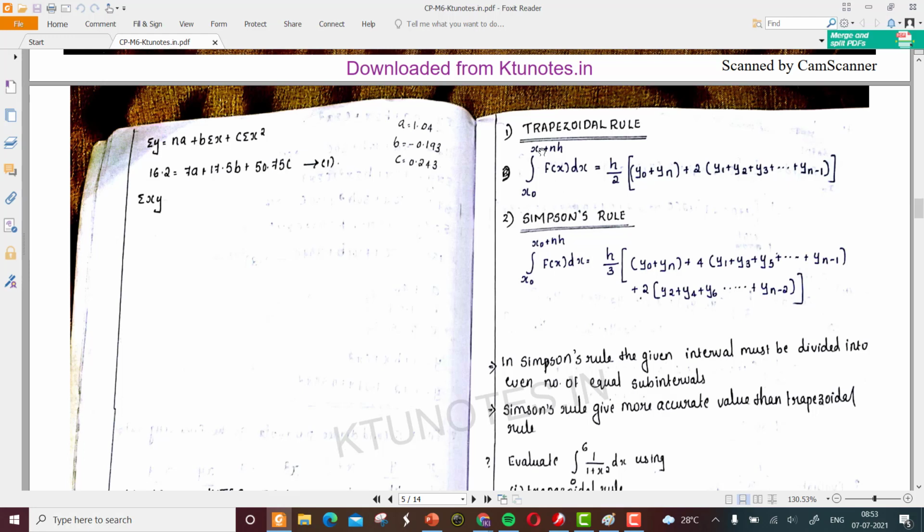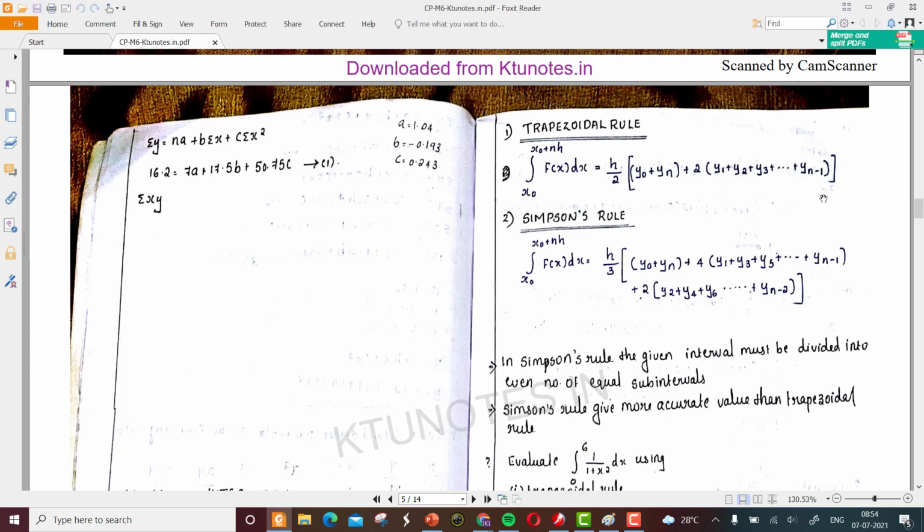Okay, so just see the trapezoidal rule for an integration from x0 to x0 plus nh. So n is the number of intervals and h is the interval width. For the integration from x0 to x0 plus nh, you have h by 2 into y0 plus yn, the first and last term, plus 2 into all the intermediate terms.